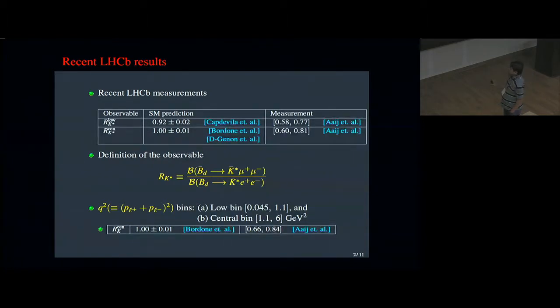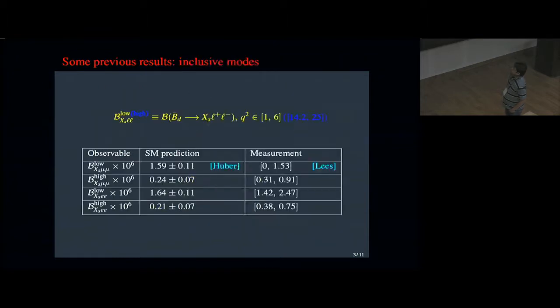The definition of this observable is similar to RK star, just B0 will be replaced by B plus and K star will be K plus. We will further impose these inclusive constraints to constrain our Wilson coefficients.